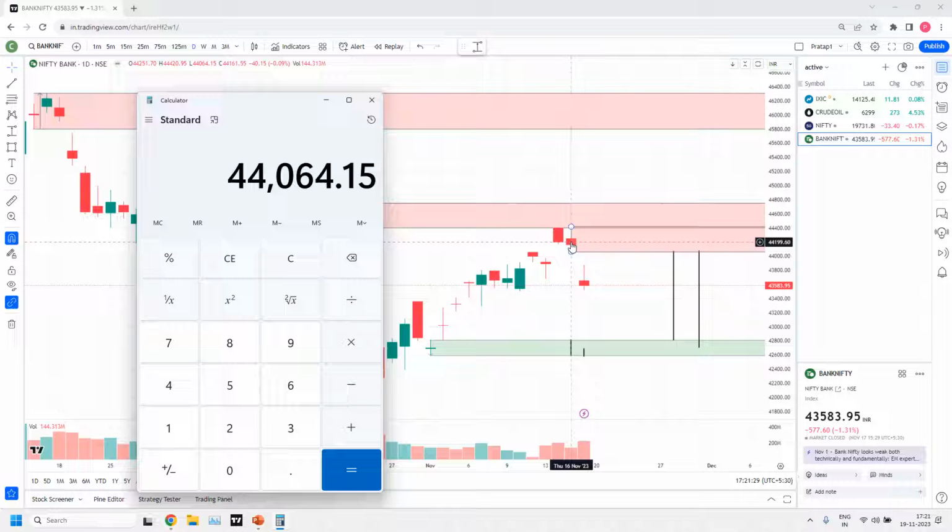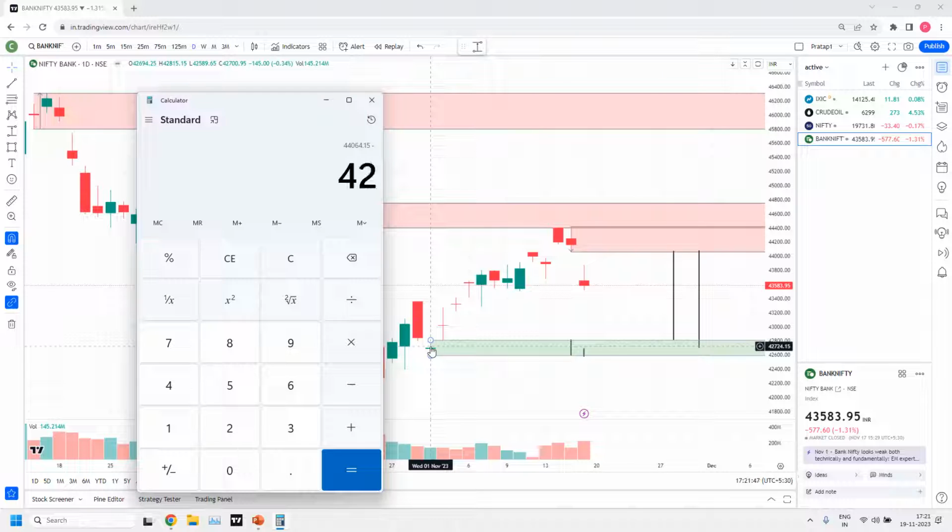This is the low of the supply zone. Then what is the high of the demand zone? We have to subtract from this value the high of this demand zone. What is the high of this demand zone? 42,815.15.